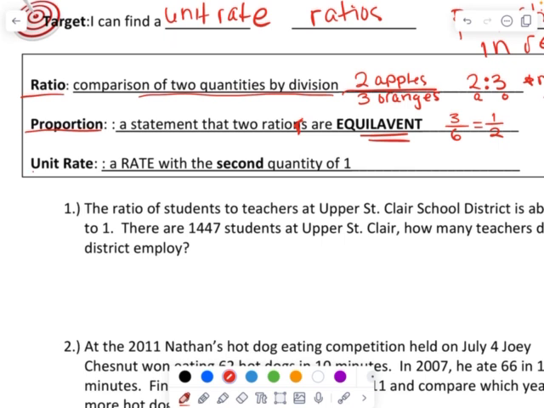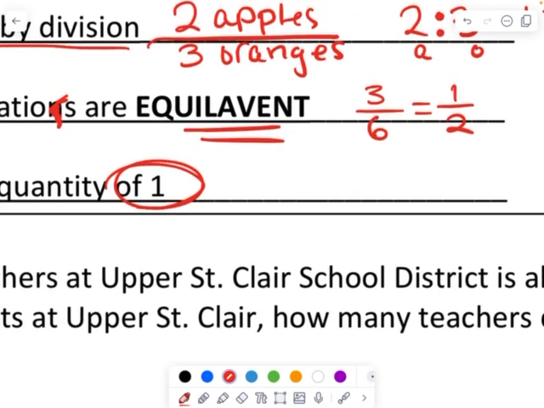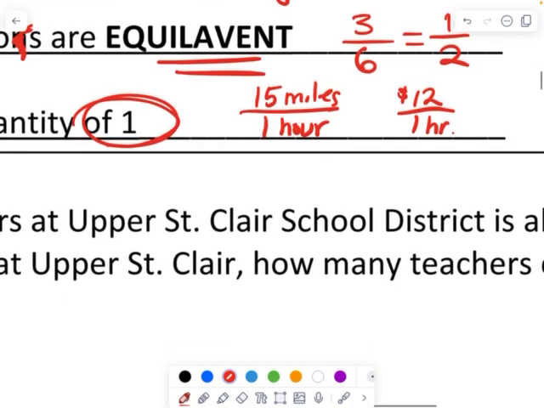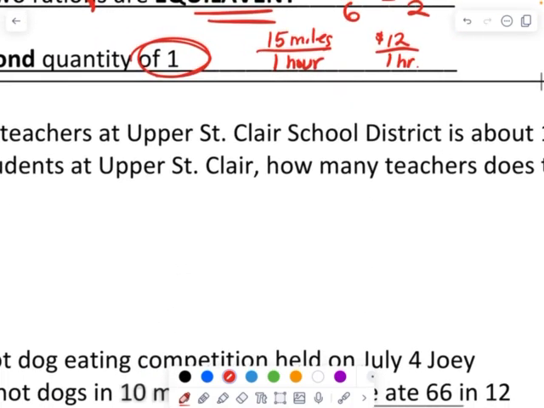And a unit rate is a rate with a second quantity of 1. So a unit rate is always something per 1. And it's written as a fraction. Like driving 15 miles per 1 hour, 15 miles an hour. You make $12 in 1 hour. Those are all unit rates.